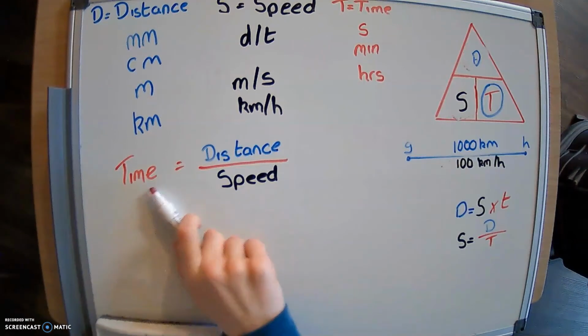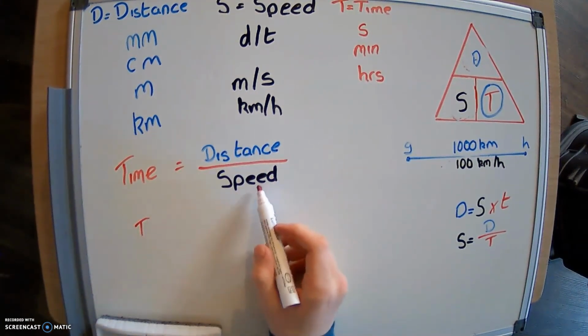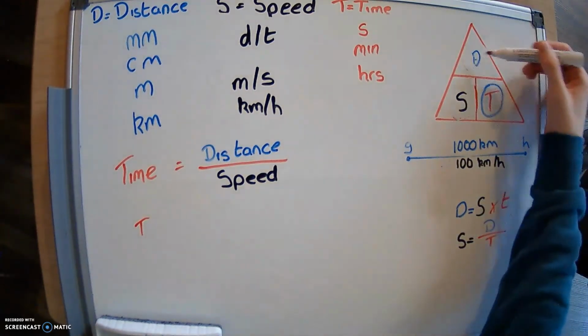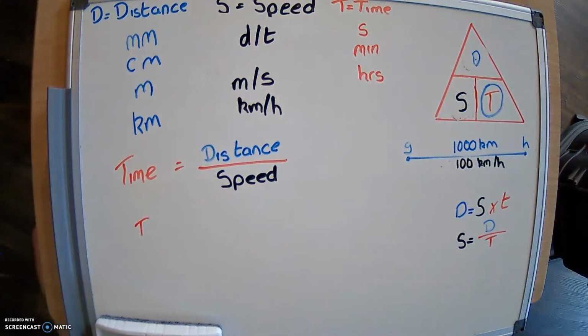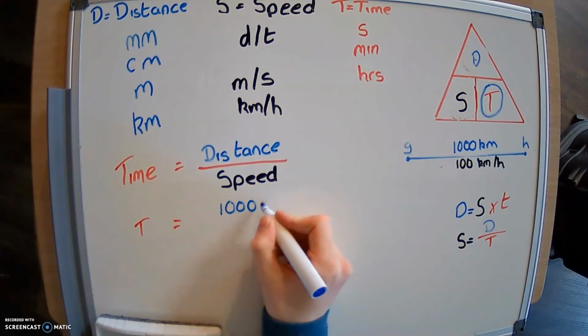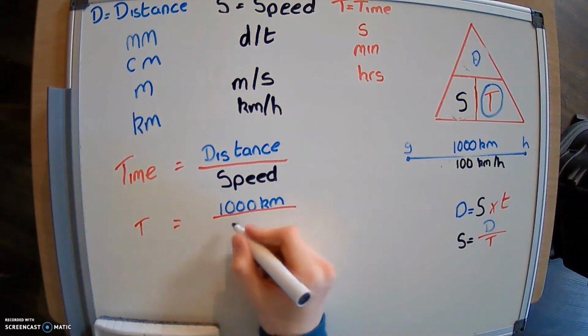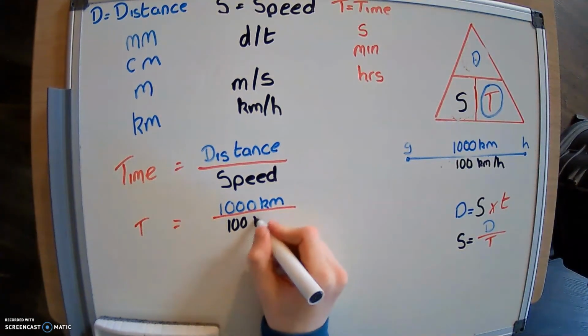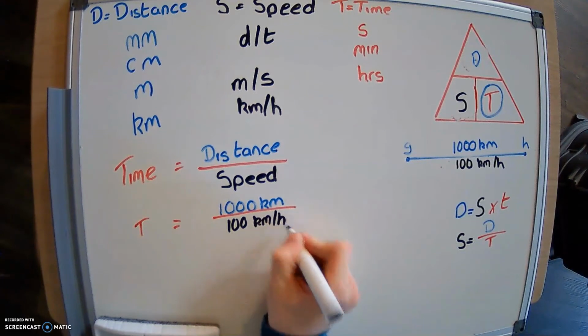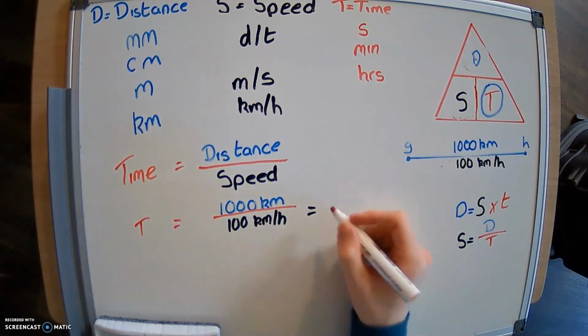So as we can see now, time is equal to distance over speed. So time is equal to distance all over speed. So this is equal to our distance, which is 1,000 kilometers, all over our speed, which is 100 kilometers per hour. And that is going to equal 10.